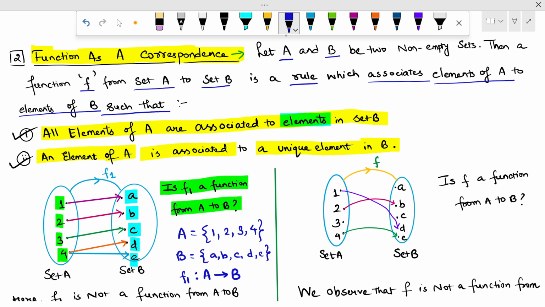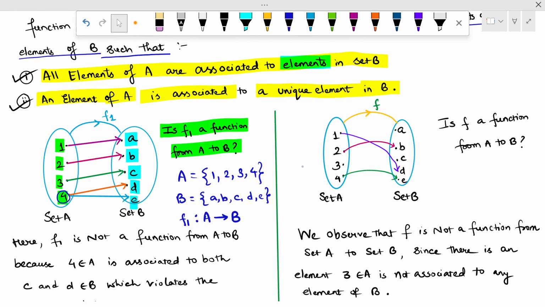But now see the second condition. An element of A is associated to a unique element in B. Means see this element in A, 4, is associated to two elements in set B, which violates the second condition. That is why F1 is not a function from A to B.